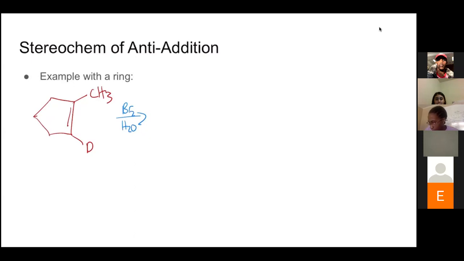And as you probably remember, if we do this reaction, we're going to end up with a triangle intermediate. So I'll go ahead and just decide that maybe the methyl group is on a dash, and both carbons are connected to the bromine using wedges. And I'll say that the deuterium is connected using a dash as well.